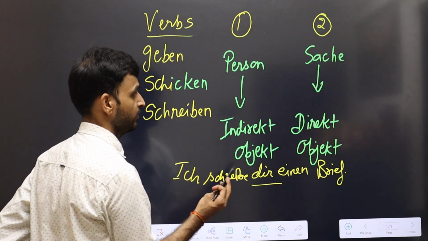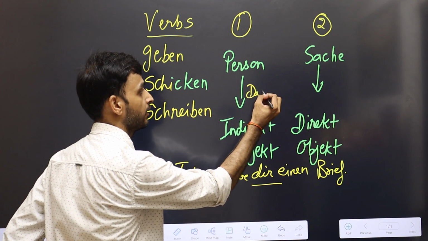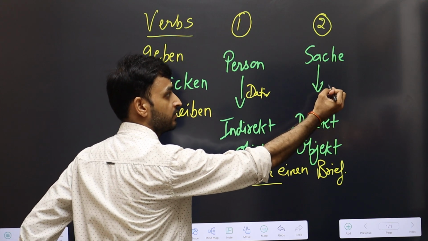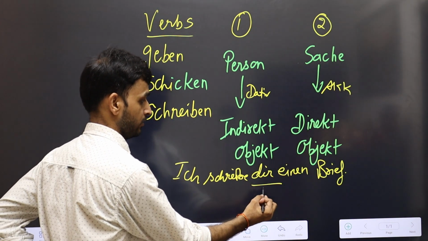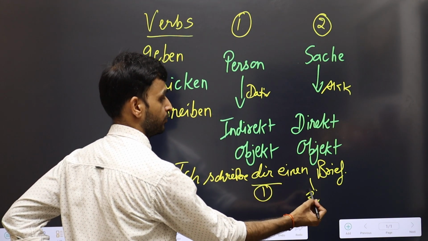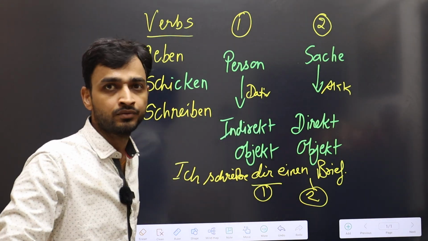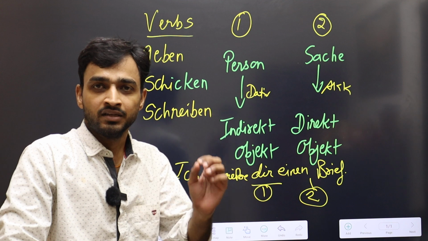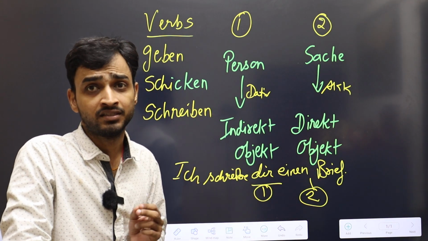So dear, this is my indirect object, and this is also known as dative. Indirect object is dative, direct object is accusative. So dear, object 1, Brief, object 2. You can refer here, object 2. Clear? This is the most important thing in dative case.